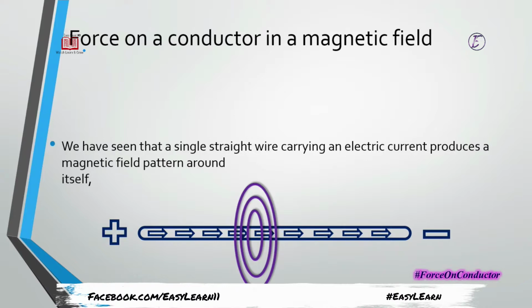If current is small, then the magnetic field produced around it will also be small, but its intensity increases to some extent depending upon the material of the wire, the intensity of the current and other factors also, for example the environment, and so on.